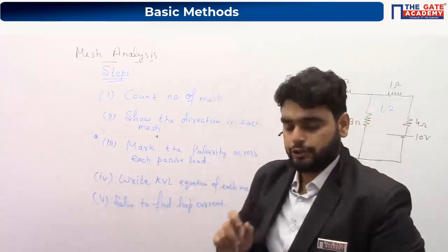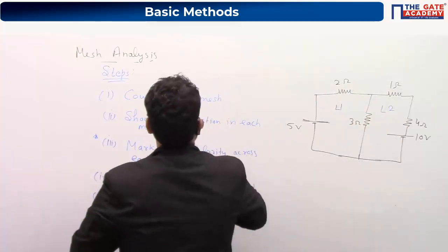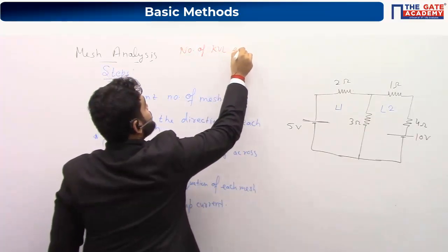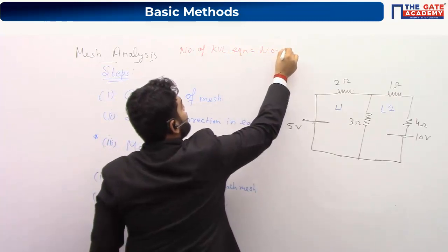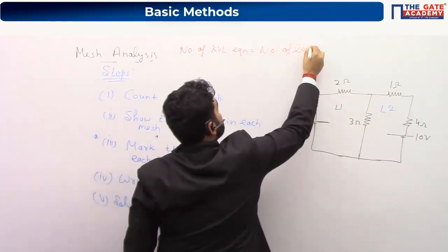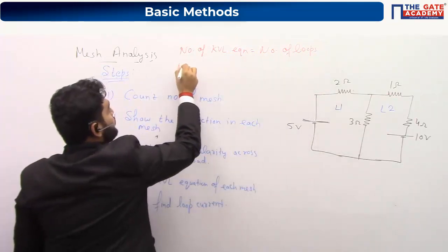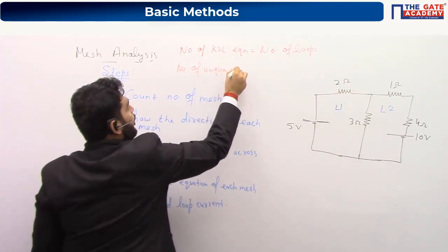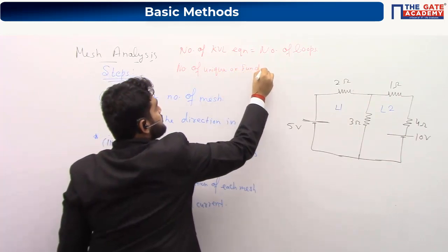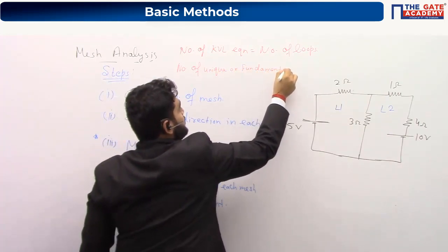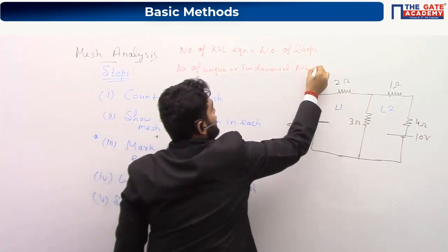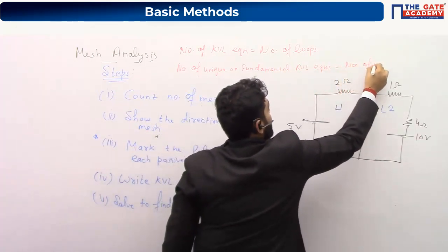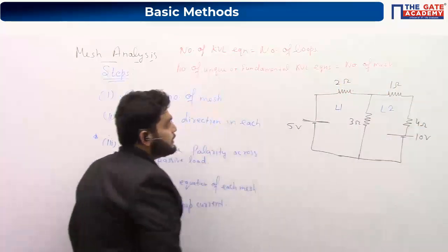See, this is a trick question. If I ask you the number of KVL equations, then it will be equal to the number of loops. If I ask you the number of unique or fundamental KVL equations, then it is equal to the number of meshes. Why?